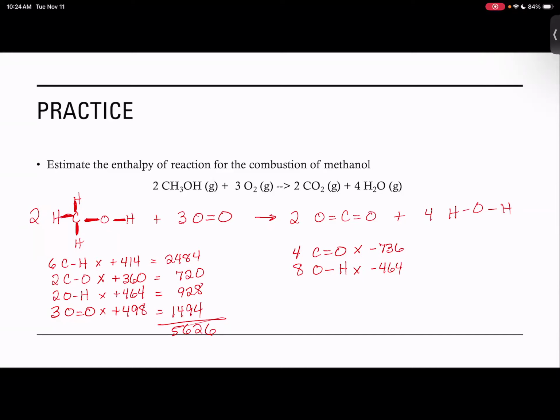The products, when I add those up, we get, I did it wrong.